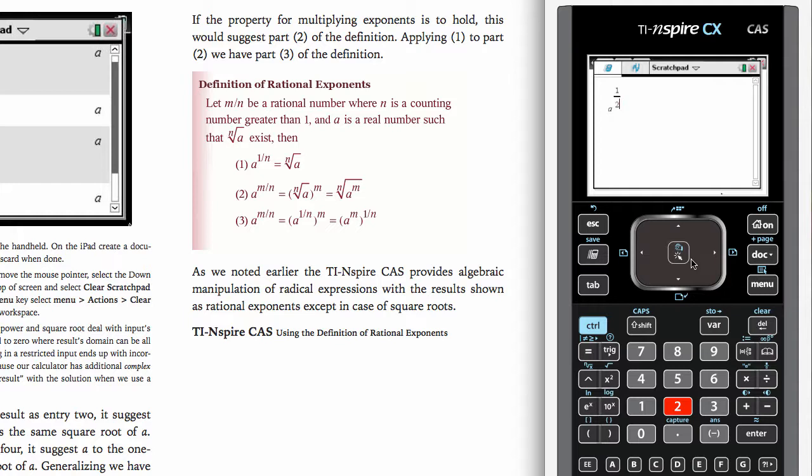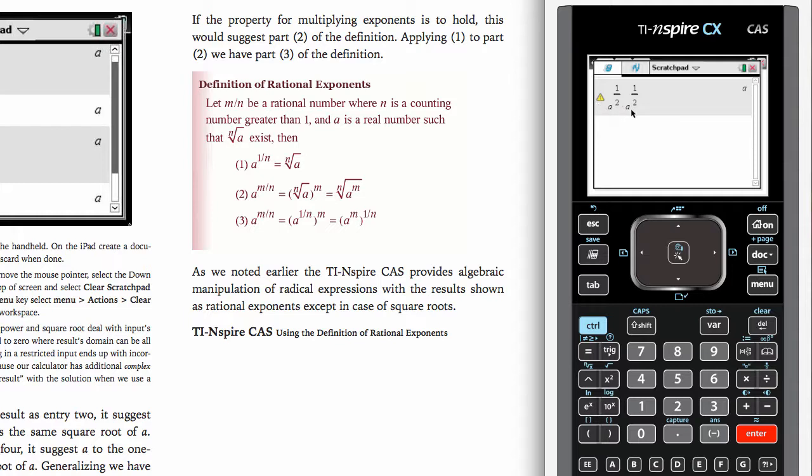We'll move over. We'll move down. We'll take it times A, and then again raise it. Put in our template for a fraction. Put in 1/2. Press enter. And it gives me A with a warning.